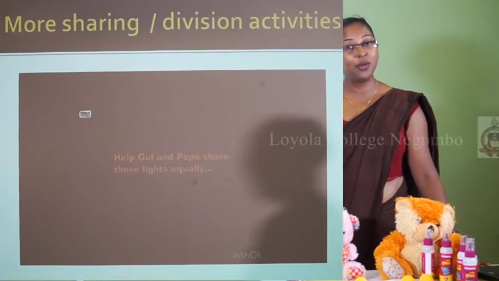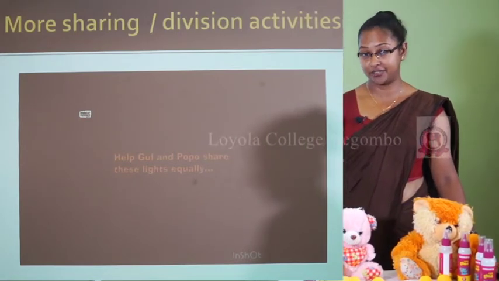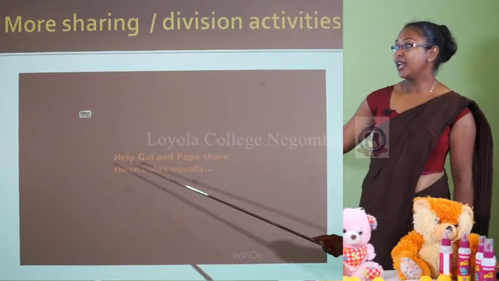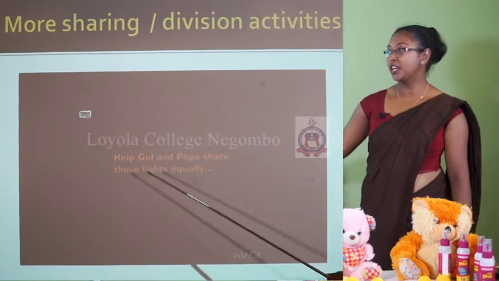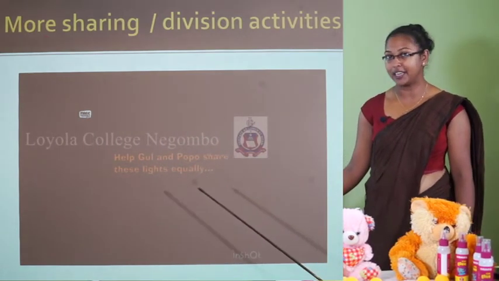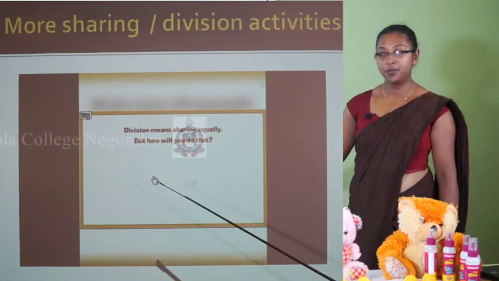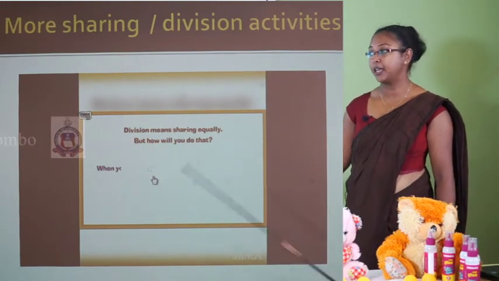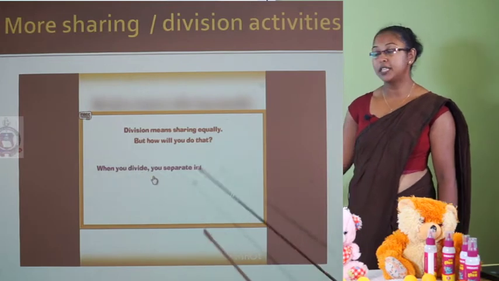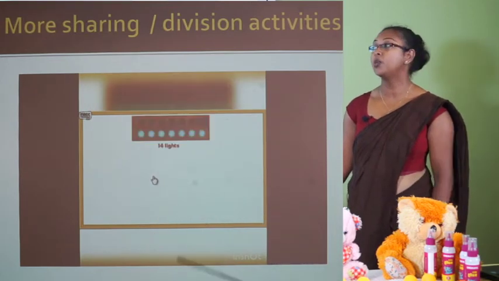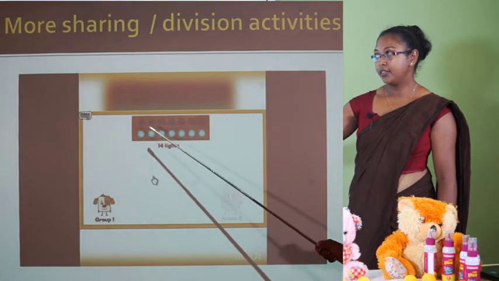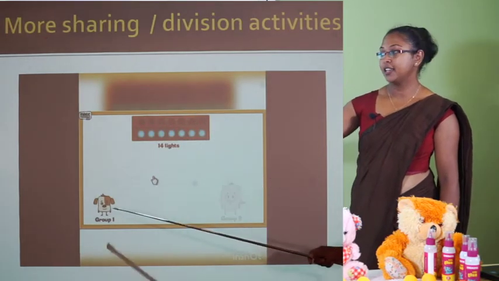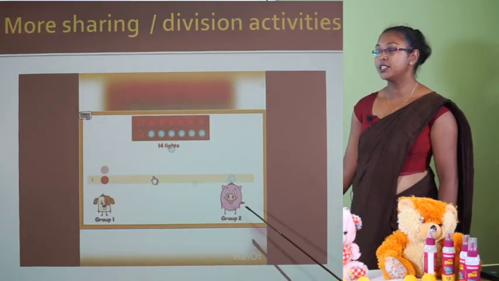Okay children, now let's see some more sharing activities. Help Gull and Popo share these lights equally. Okay, read the board. But how will you do it? Division means sharing equally. When you divide, you separate into 2 equal groups. There are 14 lights. Here's Popo, here's Gull.